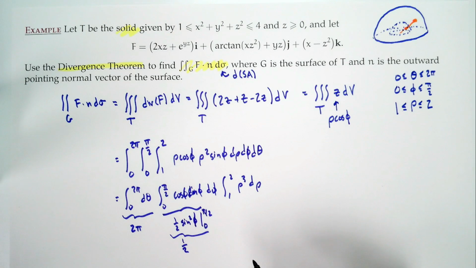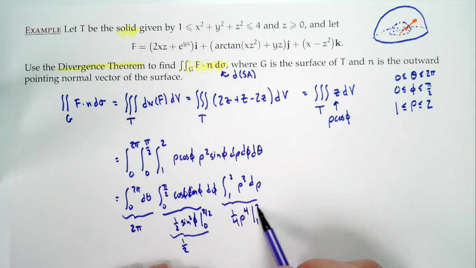Okay, well, last one. What's that? Well, the integral here is rho cubed, so we're going to get 1/4 rho to the 4th. Evaluate from 1 to 2. Well, that's 1/4 times 2 to the 4th, which is 16, minus 1 to the 4th, minus 1.